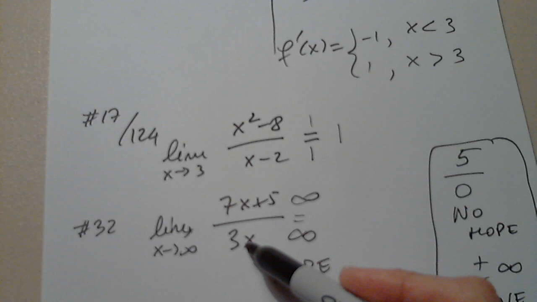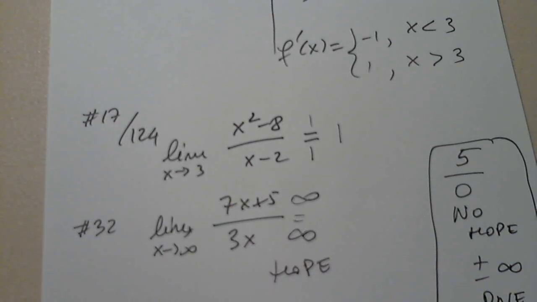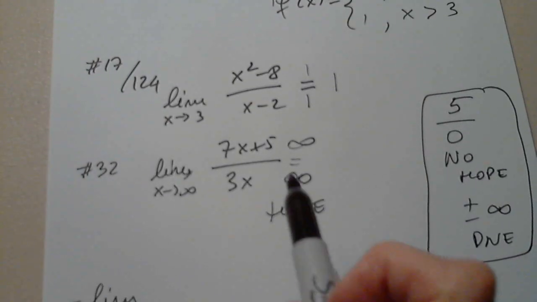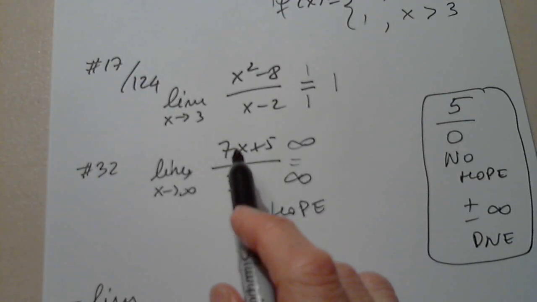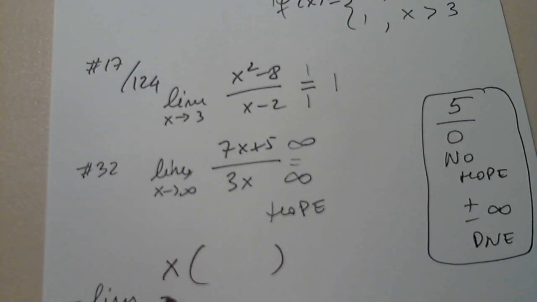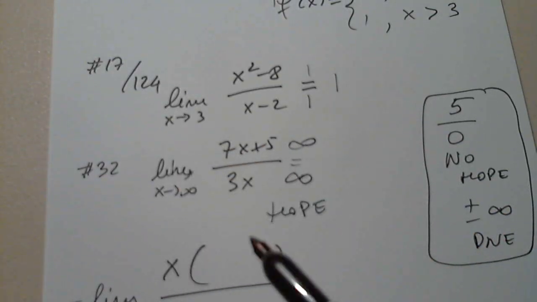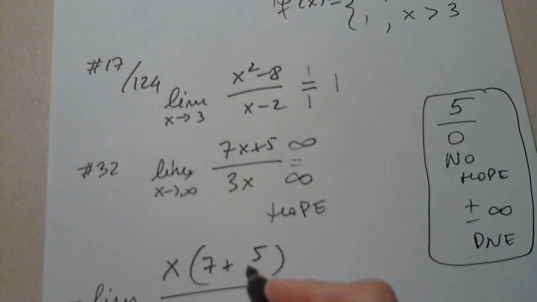Because it's the same degree over the same degree, we have a shortcut from a previous class. Or let's say we forget what we studied in the previous class. Then I have to factor out the degree. The degree is 1. They are both linear functions. So when I factor out x, in parentheses I have 7 plus 5 over x.